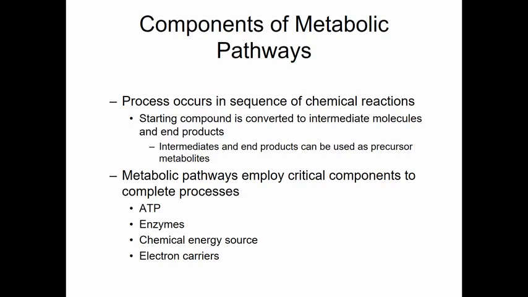The starting compound is going to start on one end and be converted through a series of reactions into intermediates and then finally whatever the end product is of that particular reaction. You will see this term, precursor metabolites. A precursor metabolite is simply a product of one reaction that gets used in another reaction, okay?